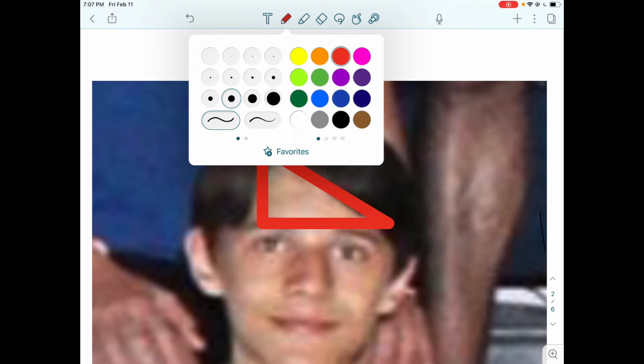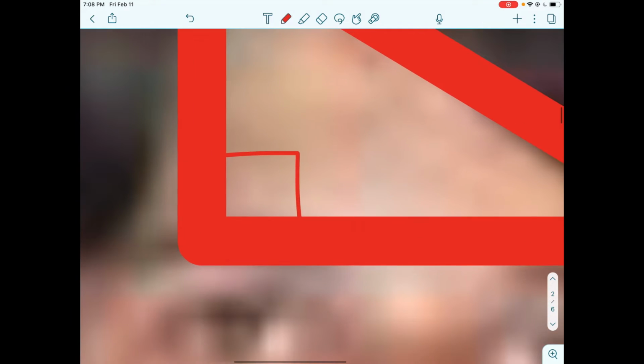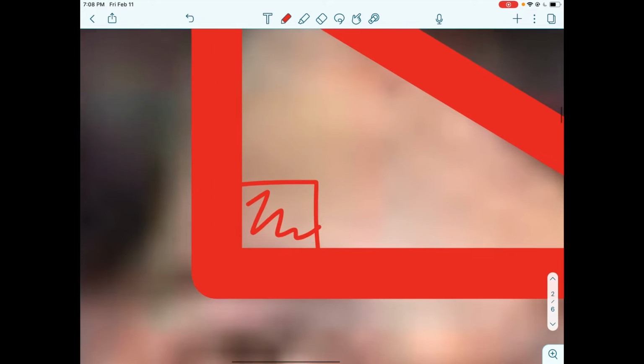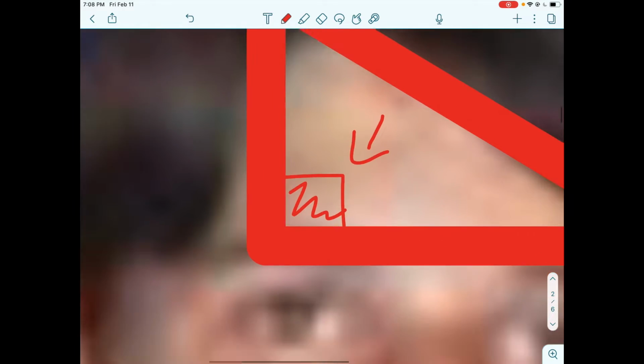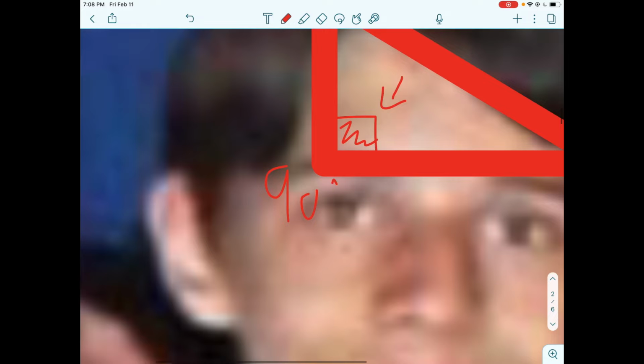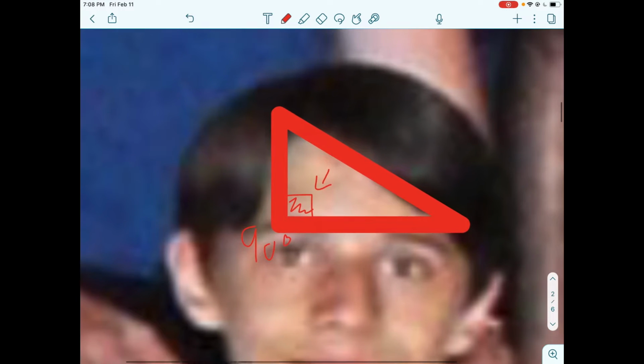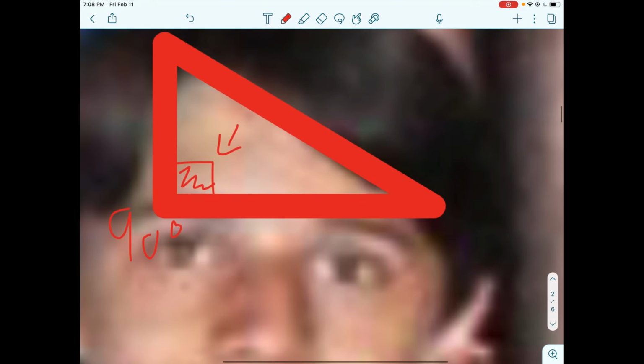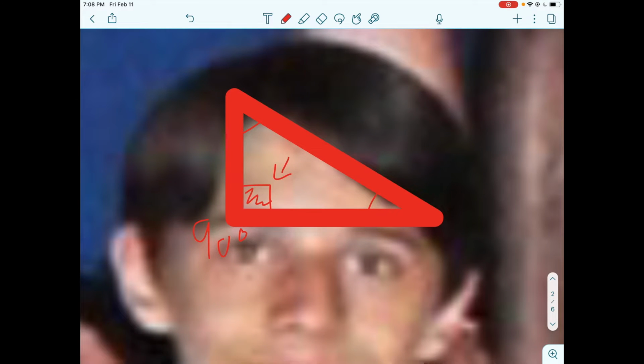And in all 30, 60, 90 triangles, there's going to be a notation in the corner with 90 degrees that makes it a little square like that. And that's how you know that this corner is the one that is 90 degrees. So to find the other degrees of both this angle and this angle, you use what you already know.